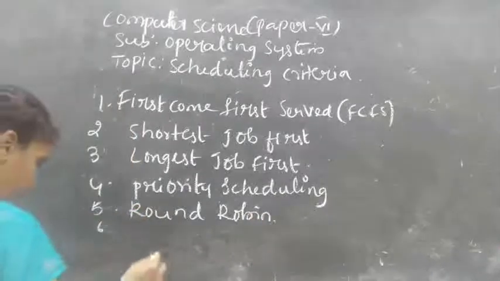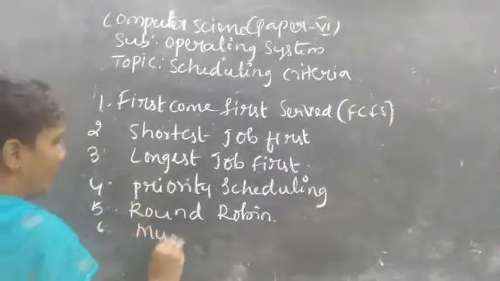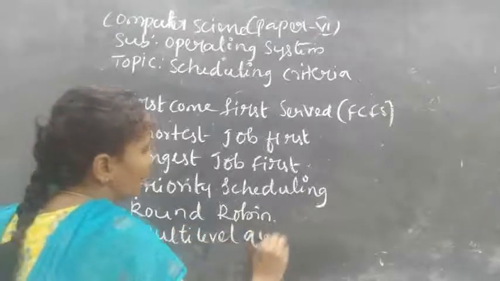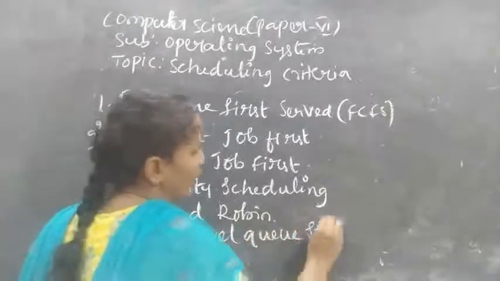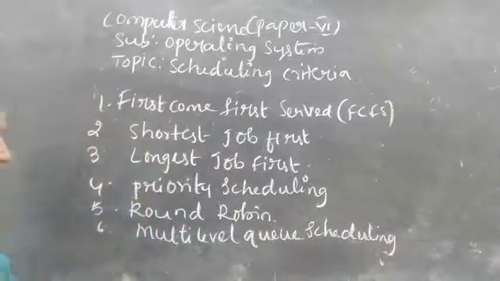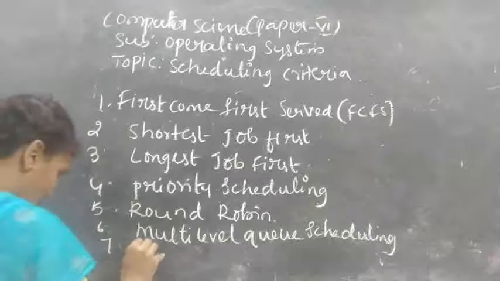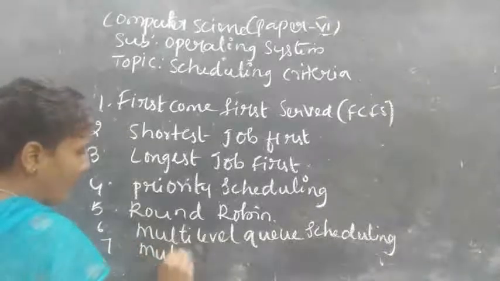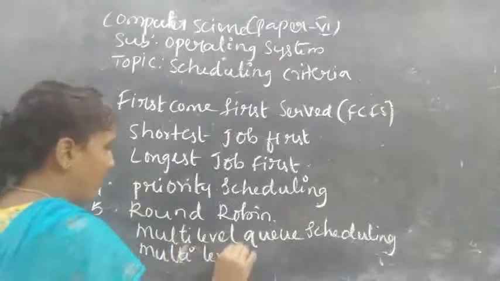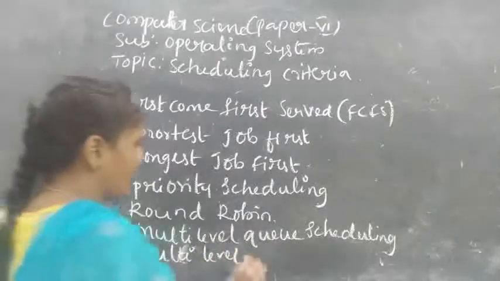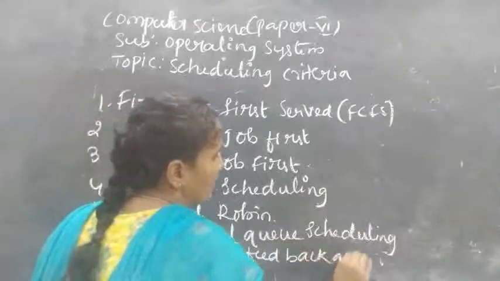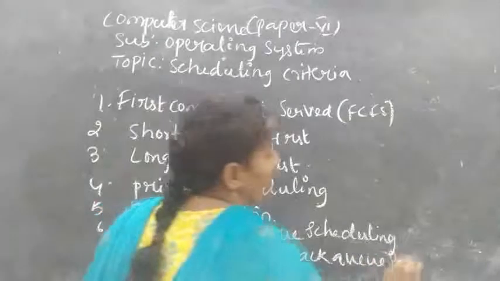The sixth one is multi-level queue scheduling. And the last one is multi-level feedback queue scheduling.